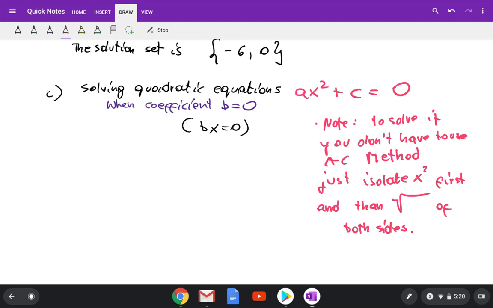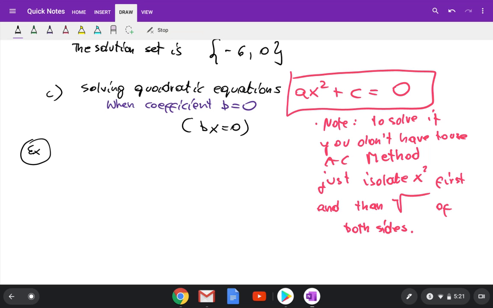It's going to make sense. Let me give you the example of solving quadratic equations ax squared plus c equals 0. So I'm giving you an example of something like this, so we can apply.